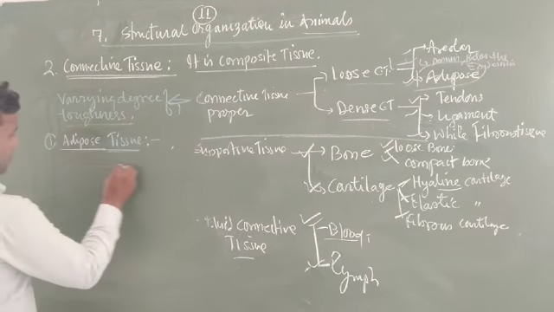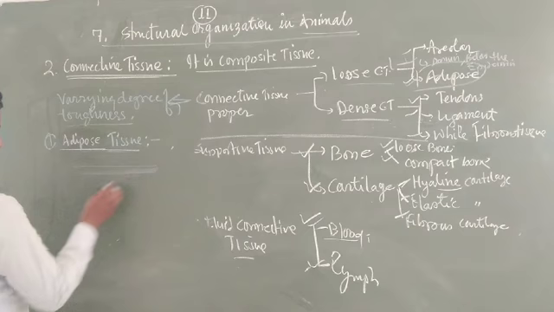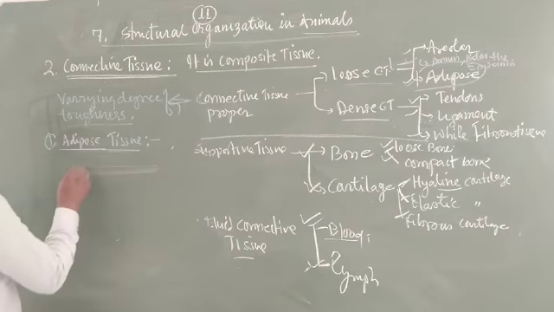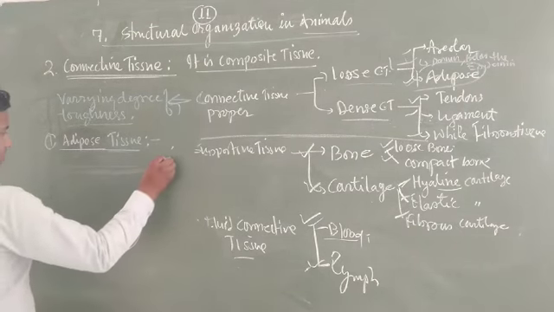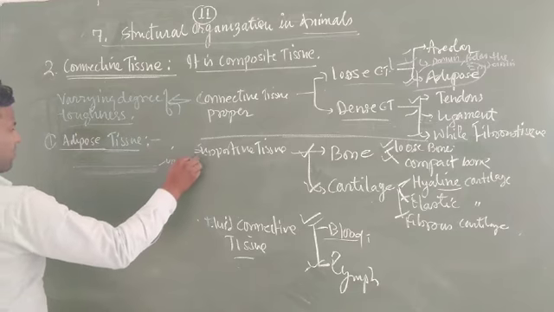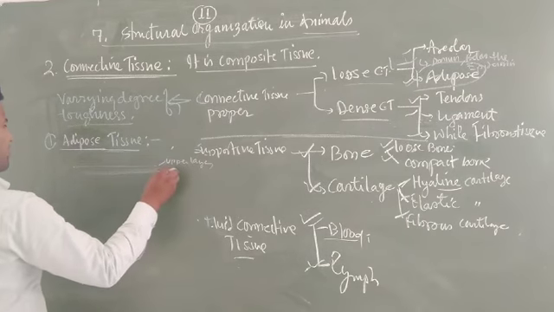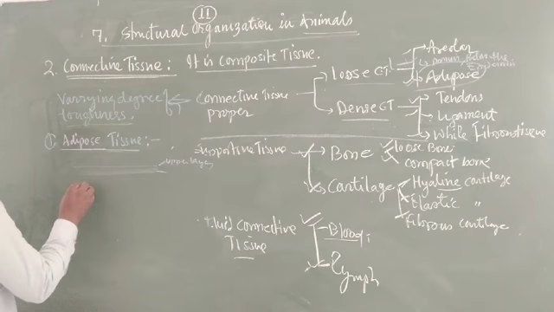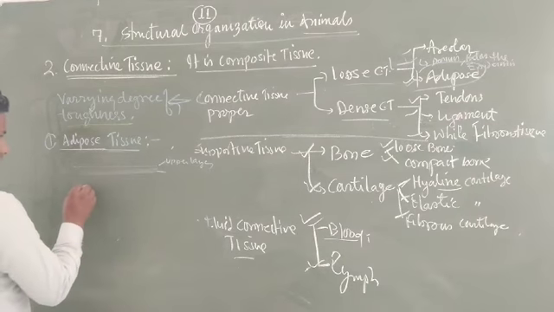Generally, skin has an upper layer, then a second layer, and after that the dermis region.